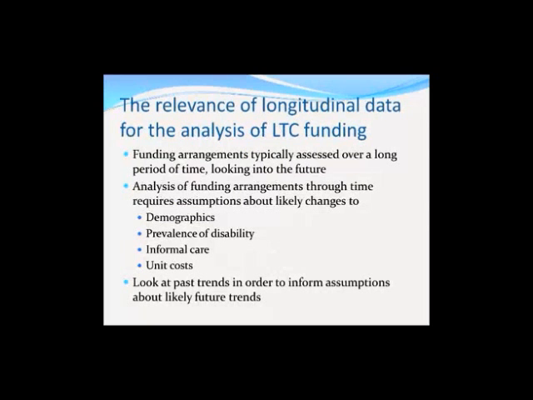So, in terms of the relevance of longitudinal data for the analysis of long-term care funding, this is, in a sense, obvious. From one perspective, in terms of what do we use these models for?